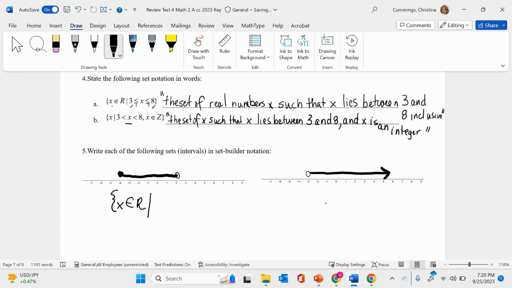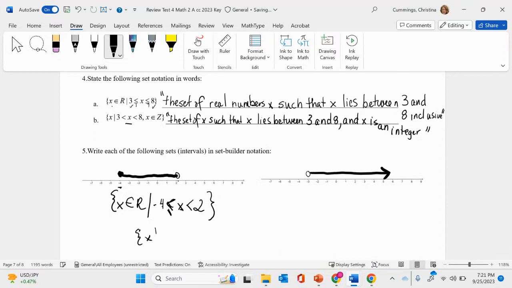So if it connects two points on the number line, x is going to be between two numbers. The numbers are -4 and 2, right? So x is greater than or equal to -4, and x is less than, but not equal to, 2, because that's an open circle. That's my answer. Okay.